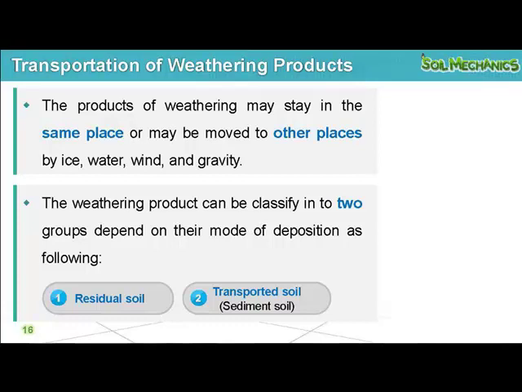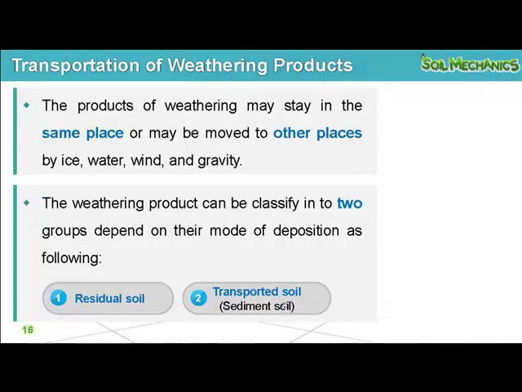The weathering products can be classified into two groups, depending on the mode of deposition. The products that come from the weathering of rock can be classified into residual soil and transported soil.